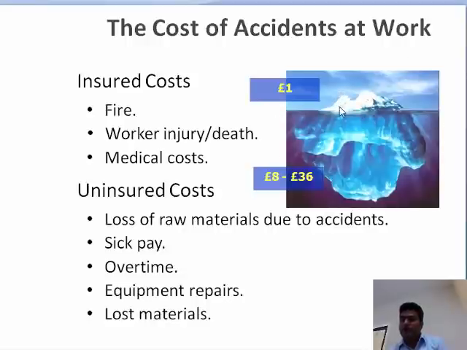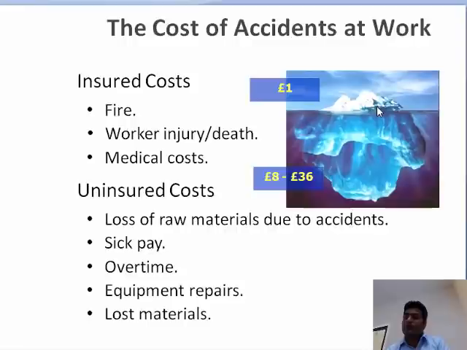If you look at this picture, only 10% of the part is above the water, but more than 90% is inside the water. Compared to the top part, the hidden part is 10 times greater. That means insured cost is very small compared to uninsured cost.